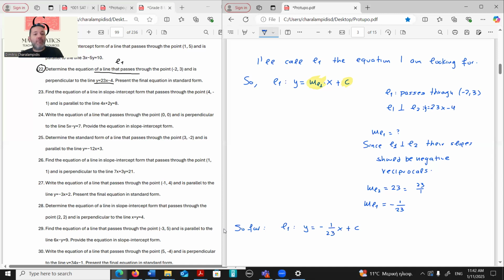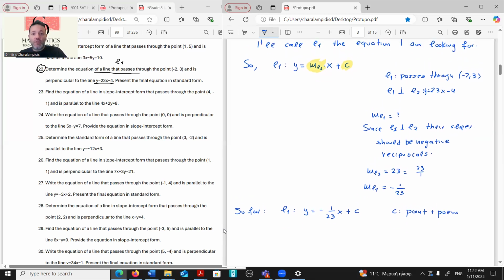How can I find the value of c? We need to apply 1 point, and remember the rule regarding a line's point: a point lies on a line when its coordinates satisfy the line's equation.